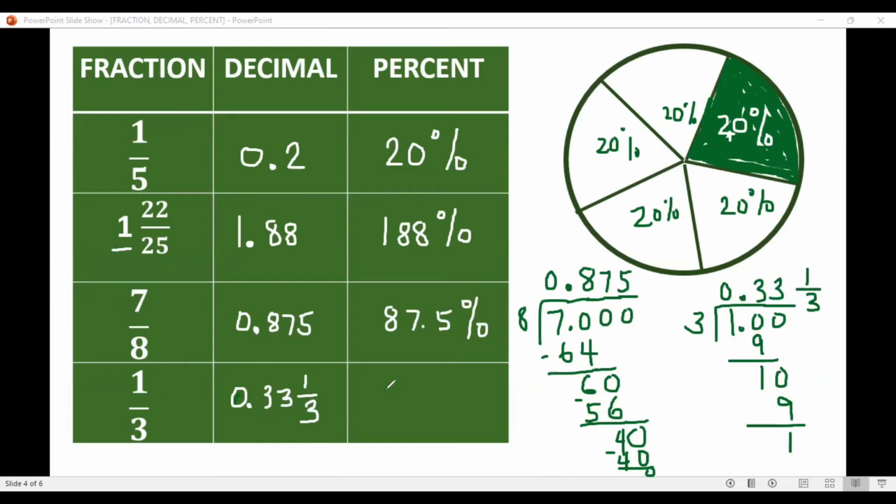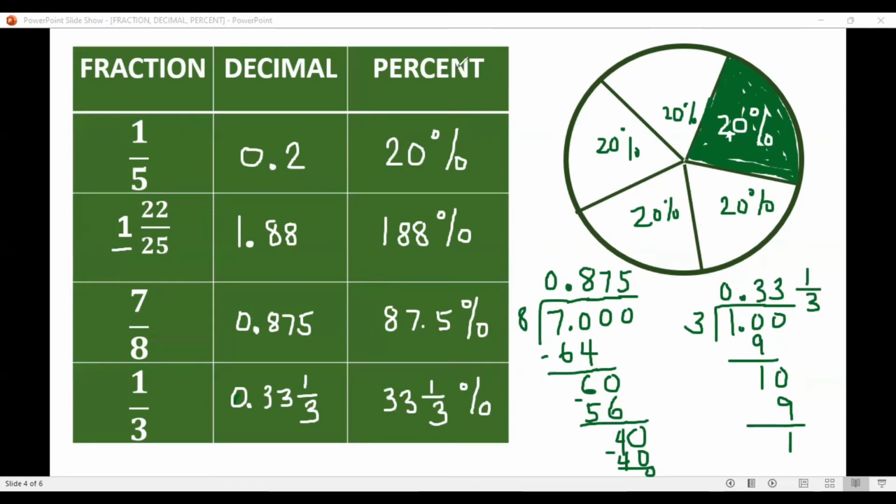Therefore, the answer that you will be having is 33 and 1/3%. Again, 33 and 1/3%. That is the equivalent of 1/3 as a fraction, 0.33 and 1/3 as a decimal, and 33 and 1/3 as a percent. So that's how a fraction could be named as decimal and percent.